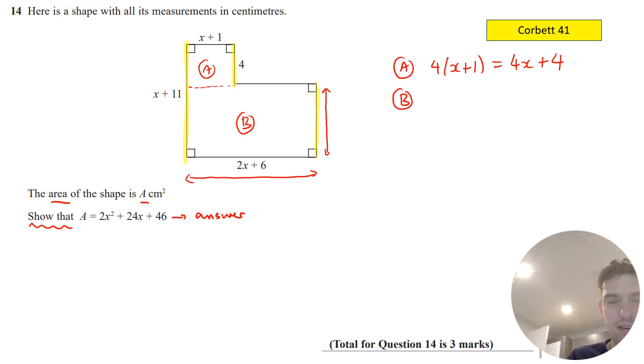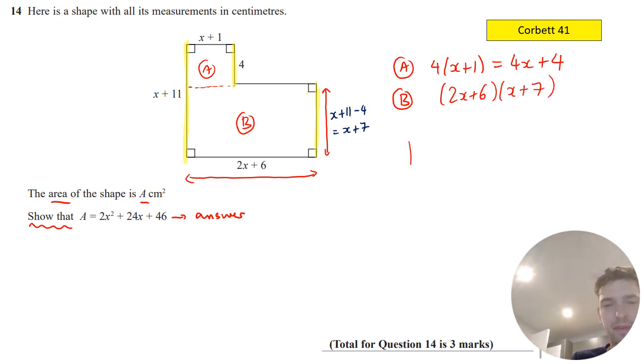So how do I work out the height that I want? I think I need to do x plus 11 minus 4. What is that equal to? x plus 7. So to find the area of shape B, I need to do 2x plus 6 times x plus 7. Let's do a box for this.